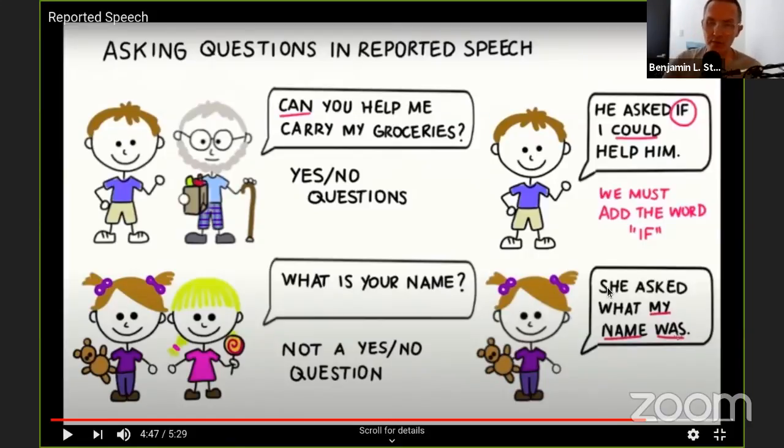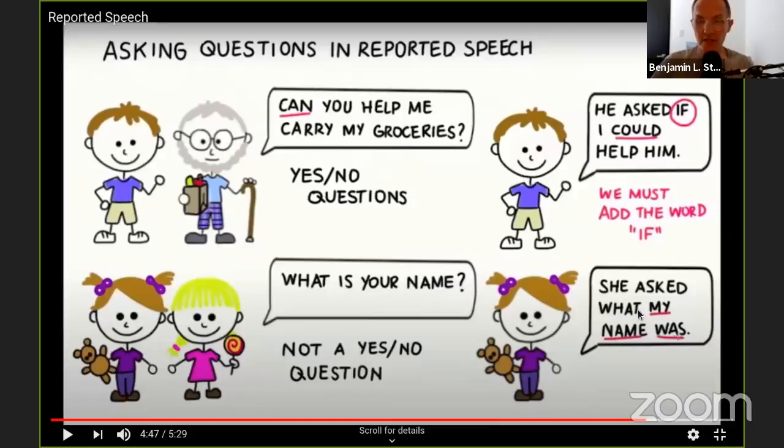Well, notice that we begin similarly with a subject and a verb, usually in the past, she asked, and then we have the question word. In this case, because it is a what question, we have she asked what. Now, my name was. Notice the position of the subject and the verb.